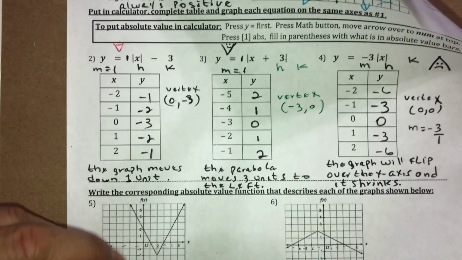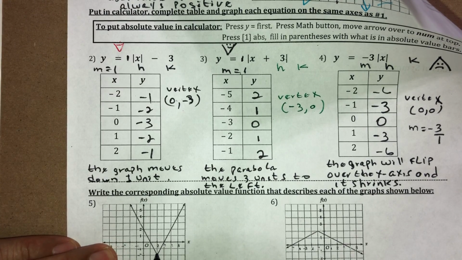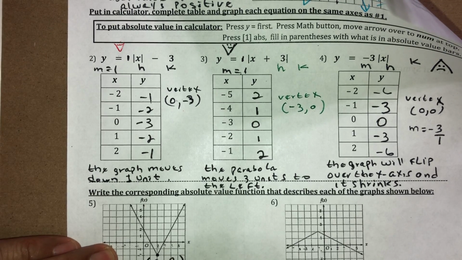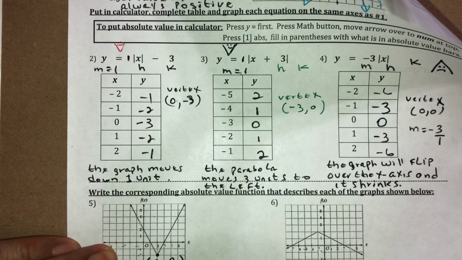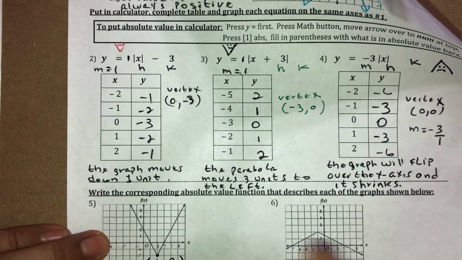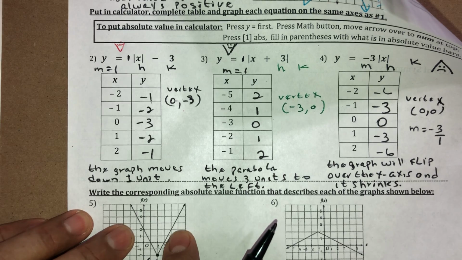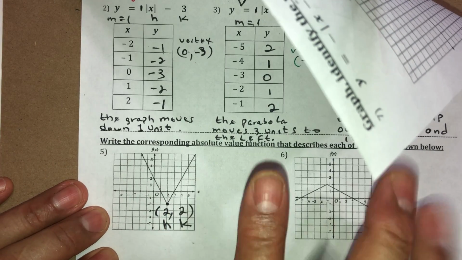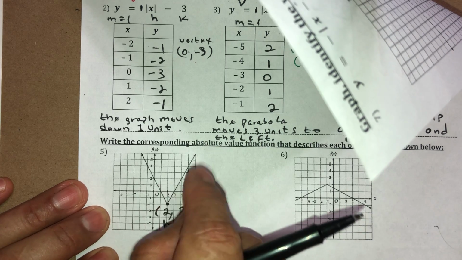So look, the vertex here is right here. The vertex is 2, 2. Remember, that's h, that's k. Now, I can clearly see that the graph got narrower, okay?